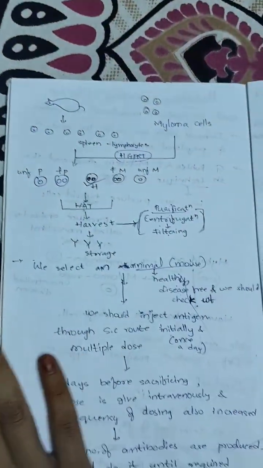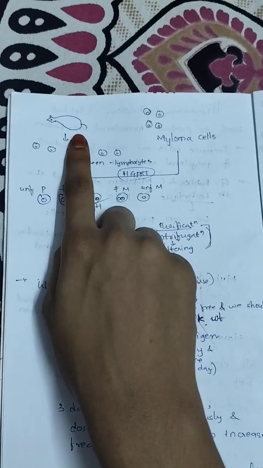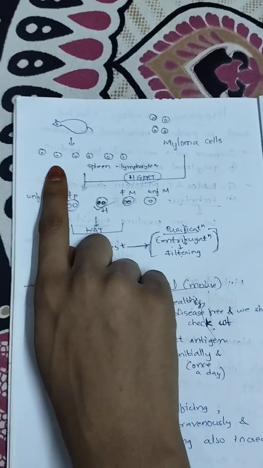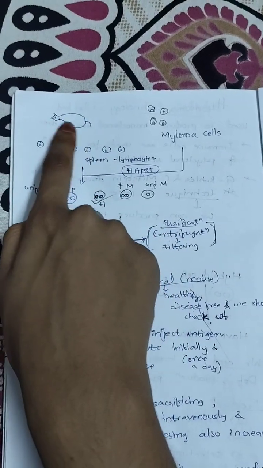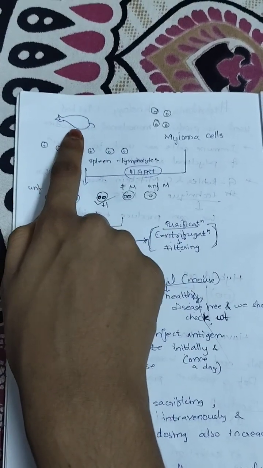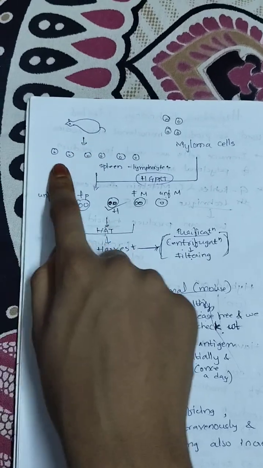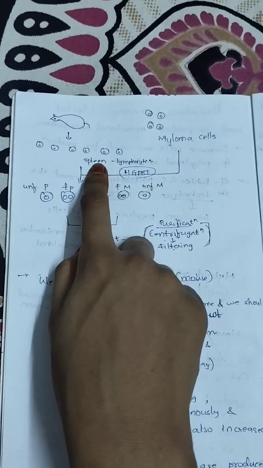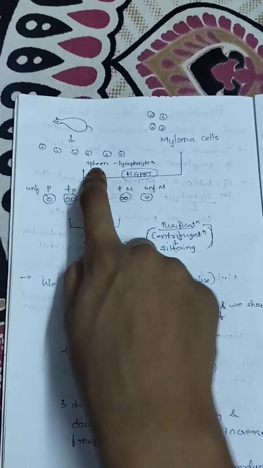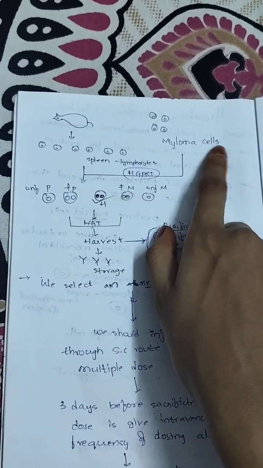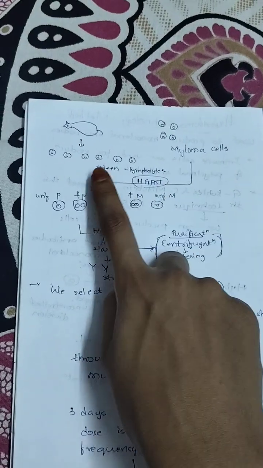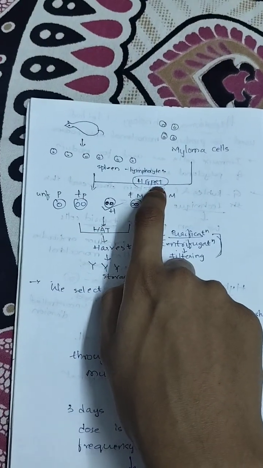First is immunization. So this is the rat. In the immunization process, we make the rat develop B lymphocytes. So these are the lymphocytes obtained from the spleen of the rat, and then we use myeloma cells, and both are fused with the help of HGPRT.